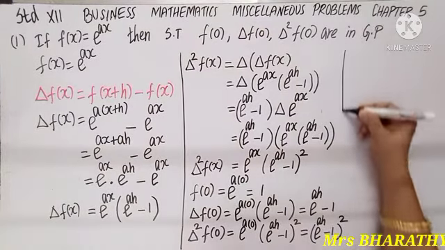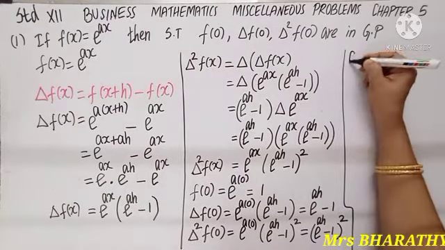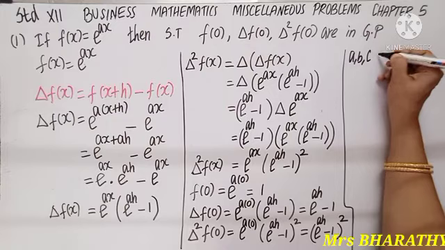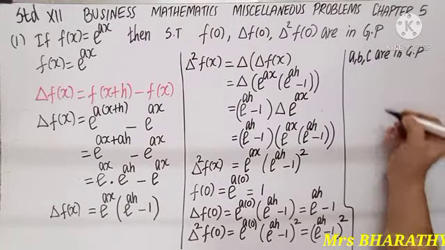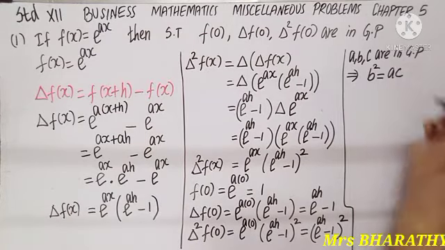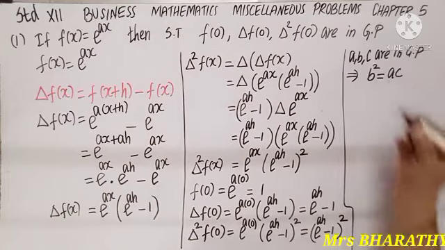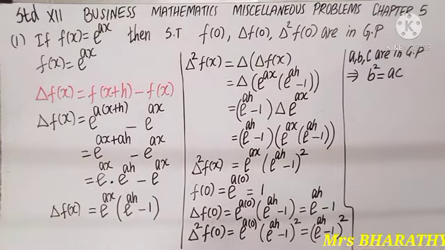Now I want to show the three terms are in GP. Recall the formula. A, B, C are in GP. What is the condition? B square equal to AC. Or I can say B by A equal to C by B. Whichever is convenient.